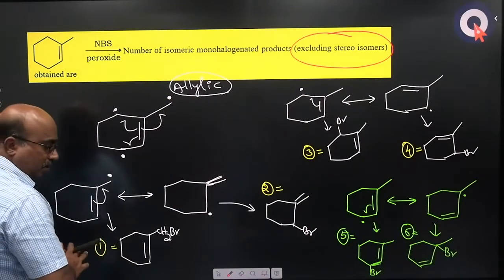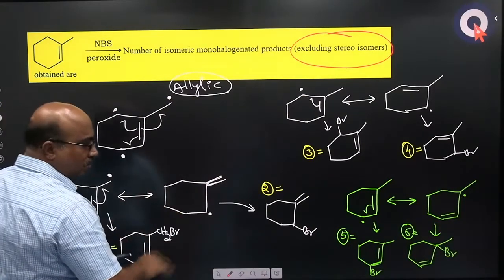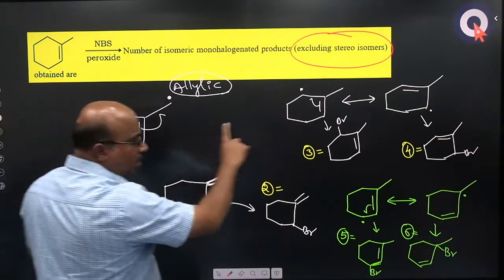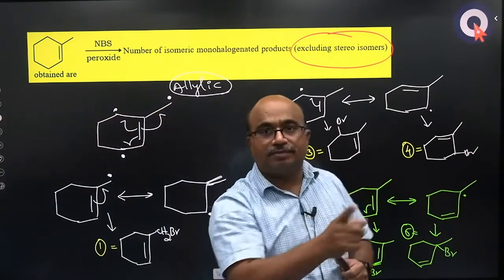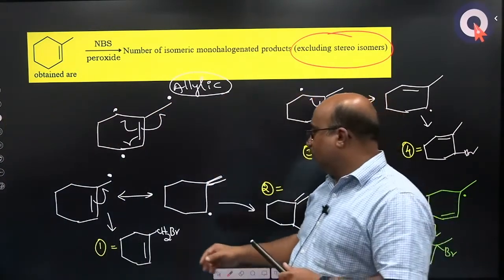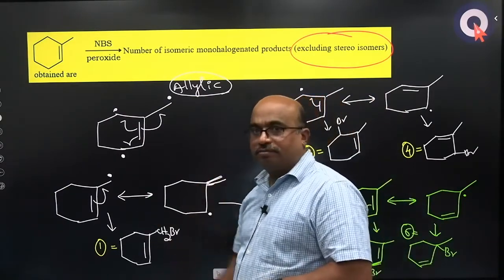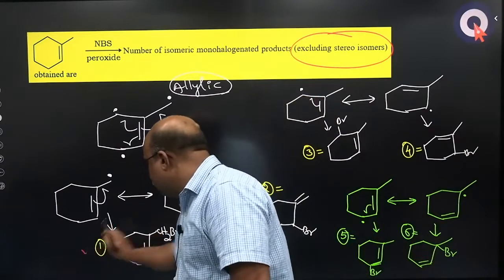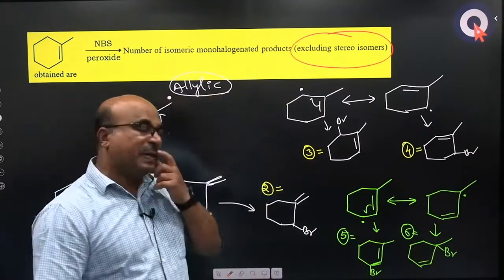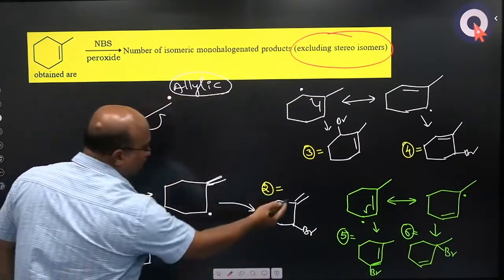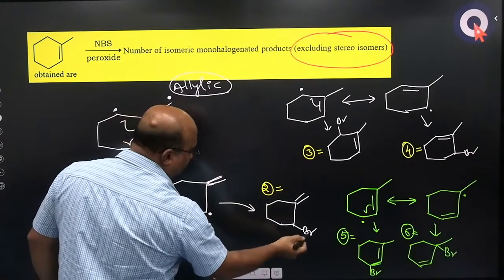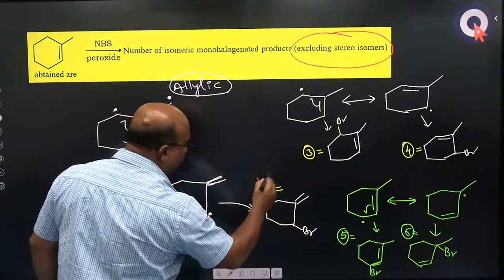First let us see this, then we will come to the stereo part. Among these compounds, are any the same or different? In the first one, Br is outside the ring, so this is a different one. Then the double bond is outside and Br is in the ring, so this is also different, separate.